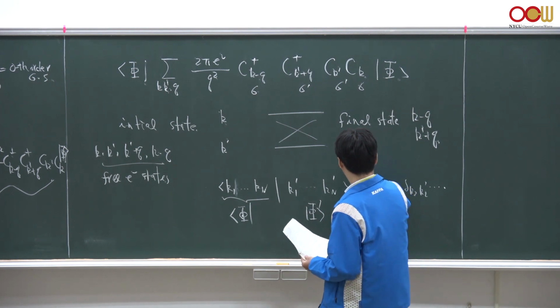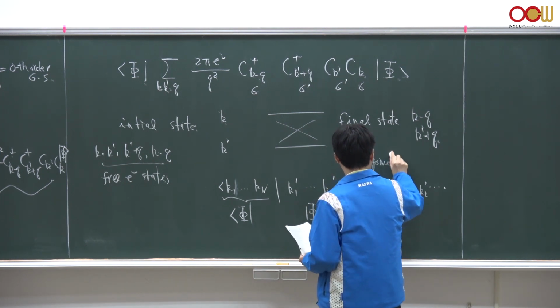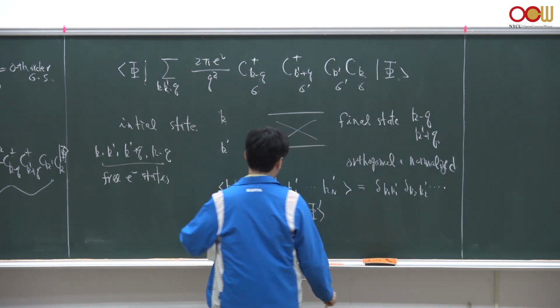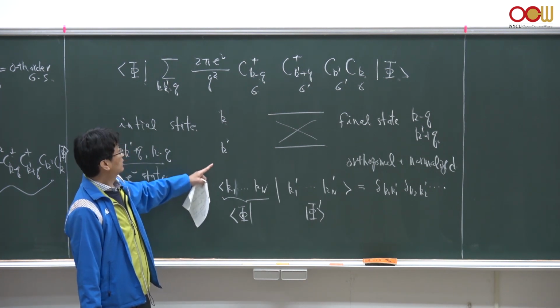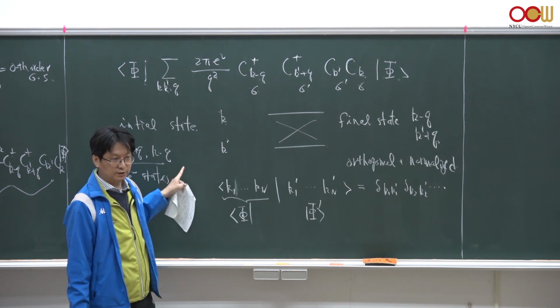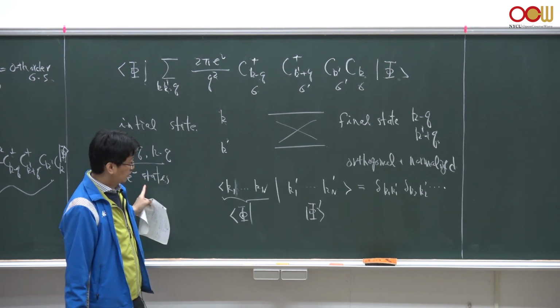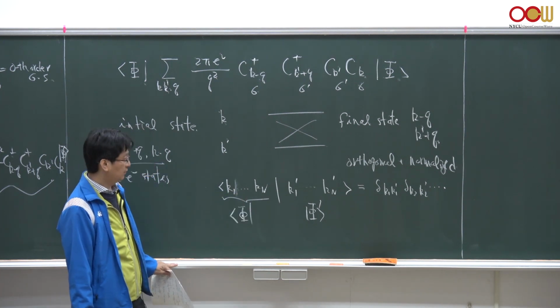Okay, so because they form orthogonal and normalized eigenbases for the non-perturbed ground state. And all the momenta, initial and final, that we are talking about are nothing but one of those k's in the ground state many-body wave function.